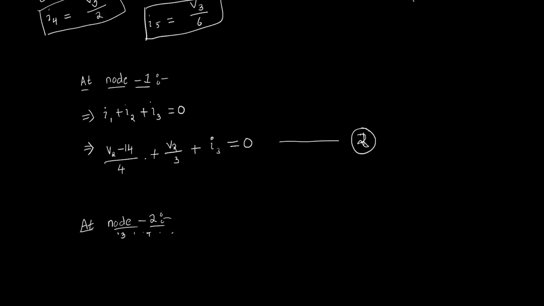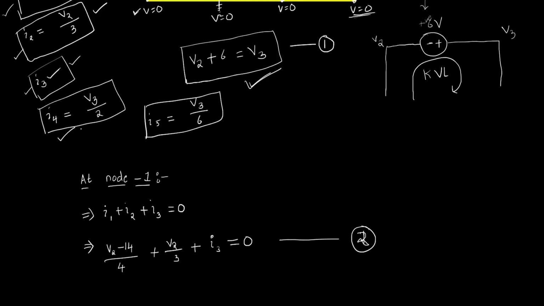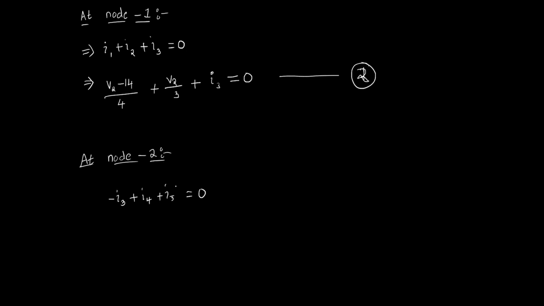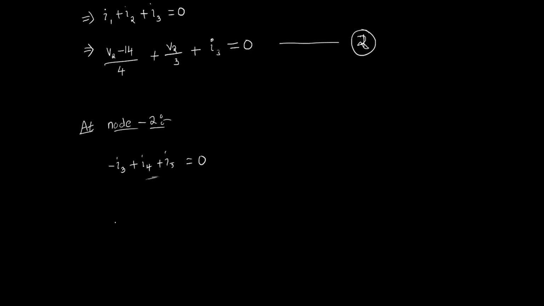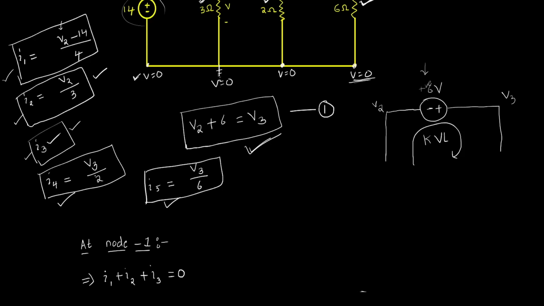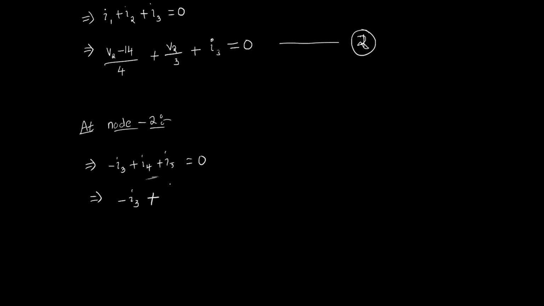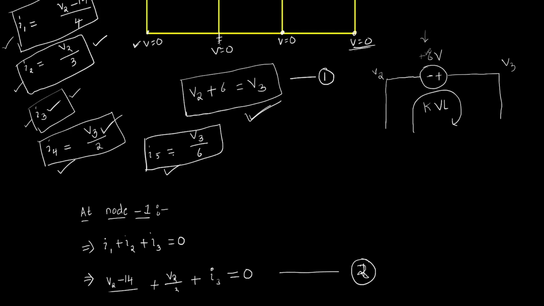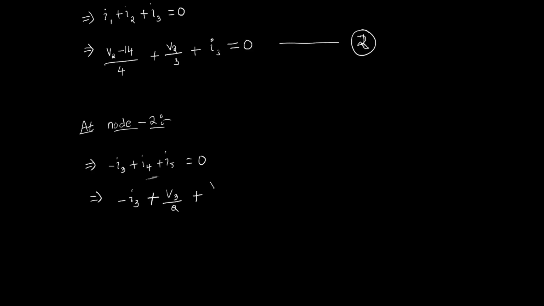Now if we substitute the values of I4 and I5 in this equation, then we obtain the resultant equation as minus I3 plus, so the value of I4 is V3 by 2, so we write here V3 by 2 plus we have the value of I5 as V3 by 6, so let us write it here, V3 by 6 is 0.